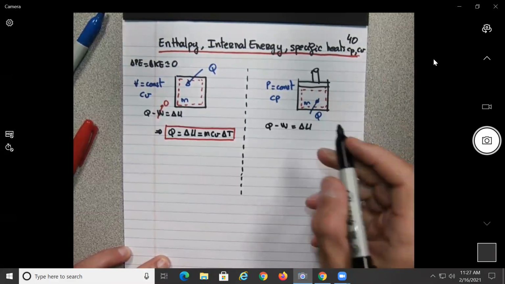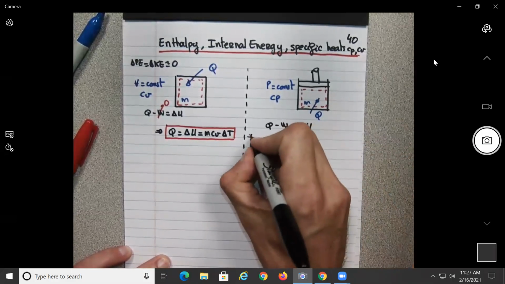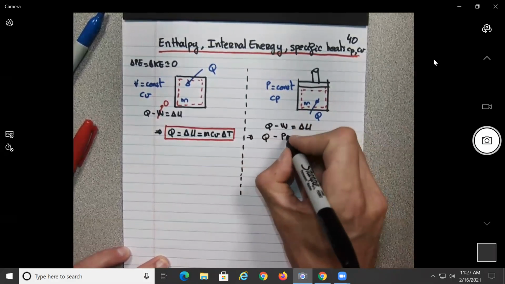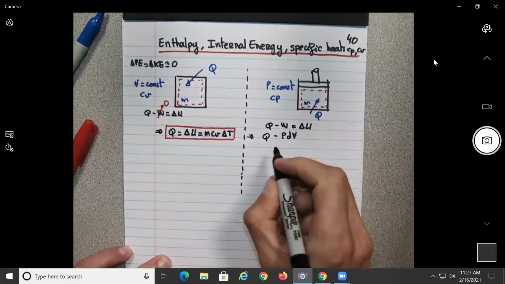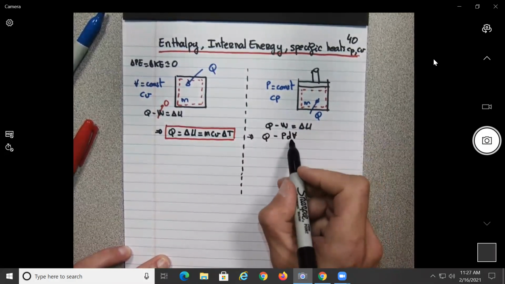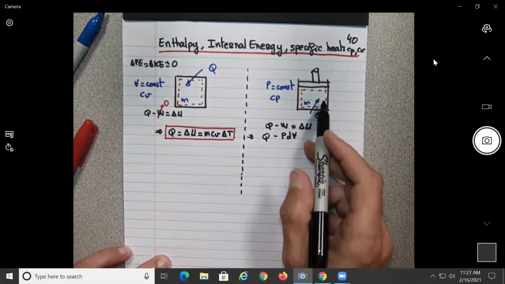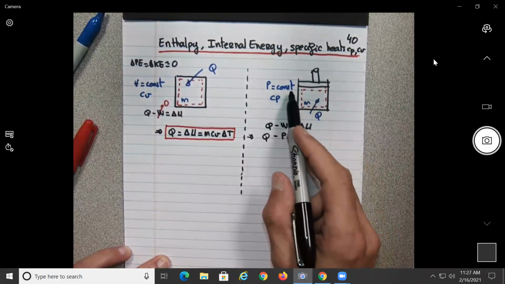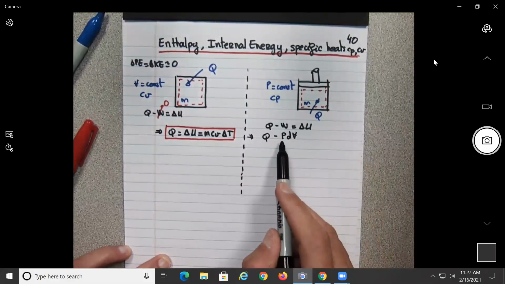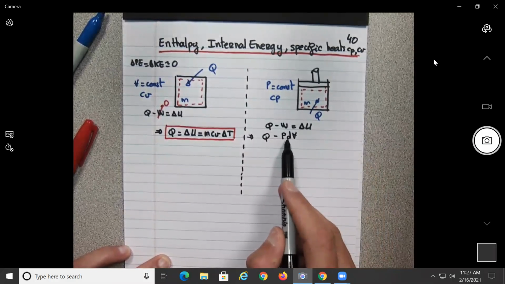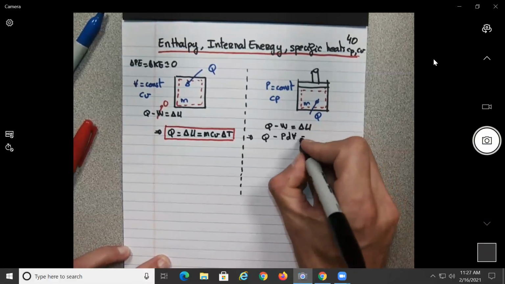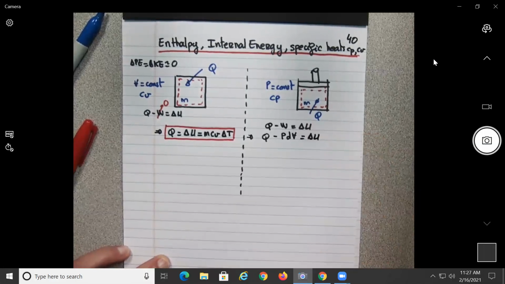And if you remember, the definition of work done by the piston is PdV, pressure times volume change. And if it is constant pressure, remember we have three cases, constant pressure, and then two for polytropic, no? But if it was constant pressure, it was equal to P times V final minus V initial, which is basically what we have over here. And this will be equal to the change in internal energy.